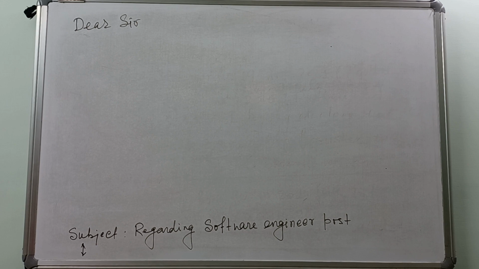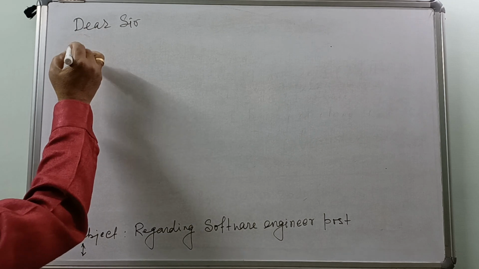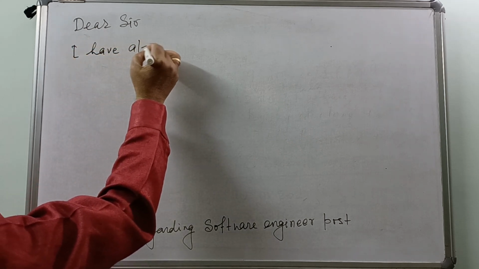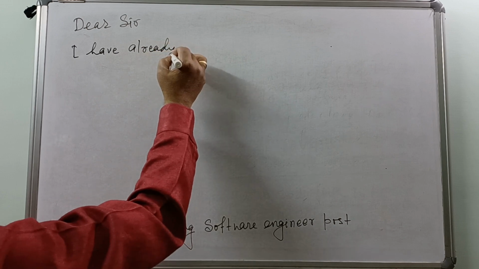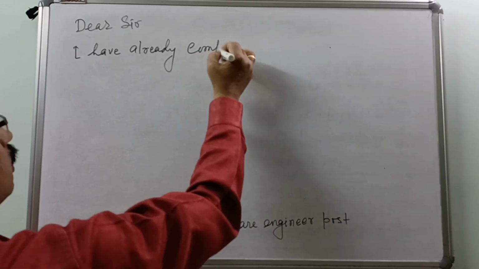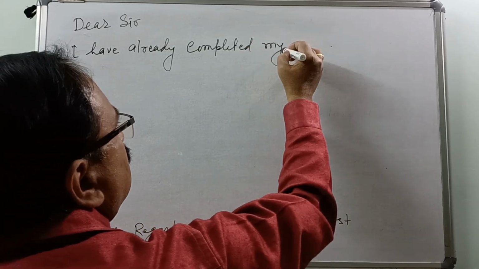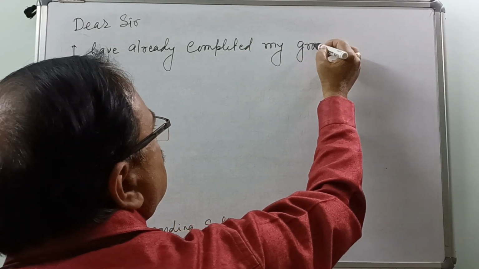I have told you that the first paragraph is like an introduction, why you are going to write this letter. The second paragraph is related to the job, then the concluding part and the end. I have already completed my graduation.